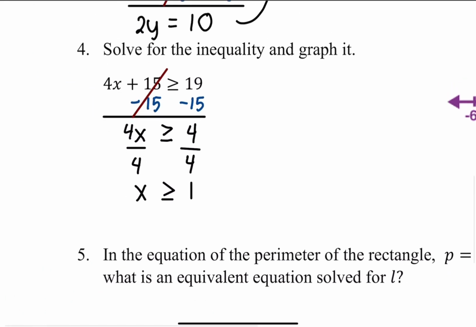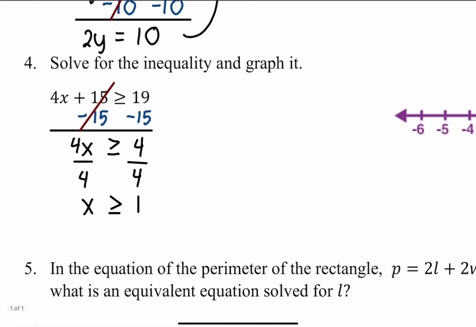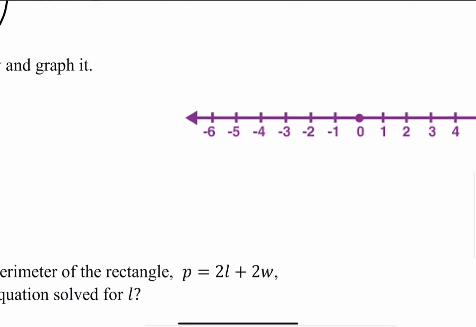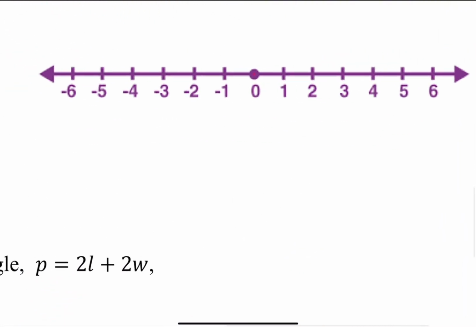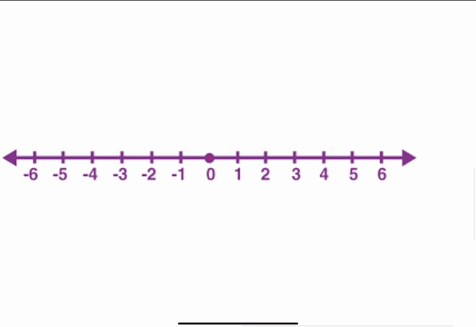Now, since this is greater than or equal to, graphing it here on the number line, we have x is greater than or equal to 1. So we're going to use a closed circle.